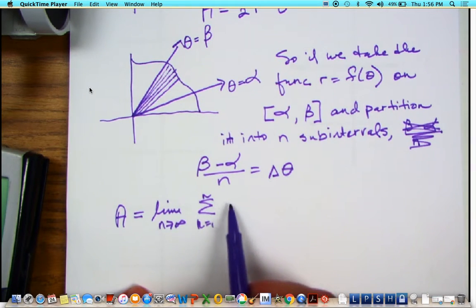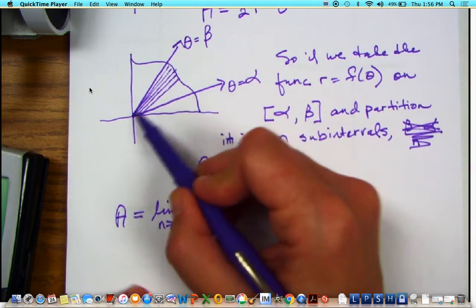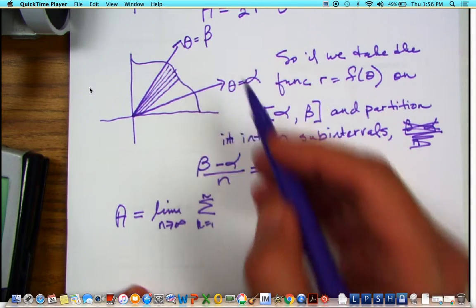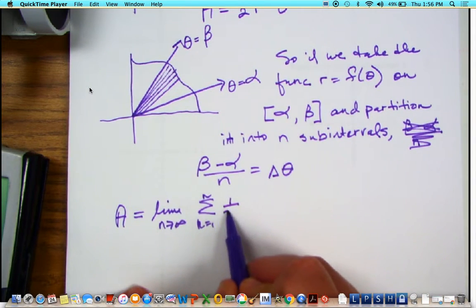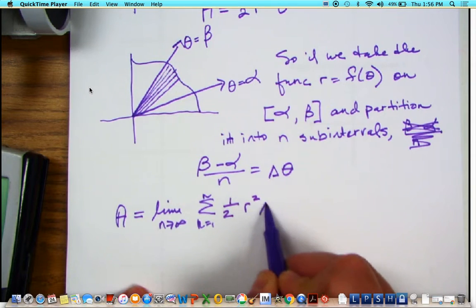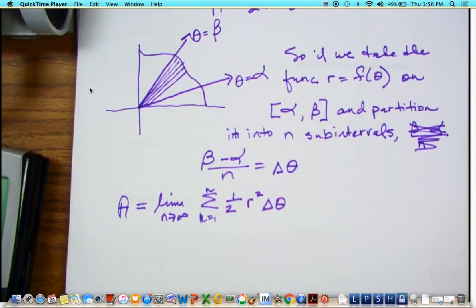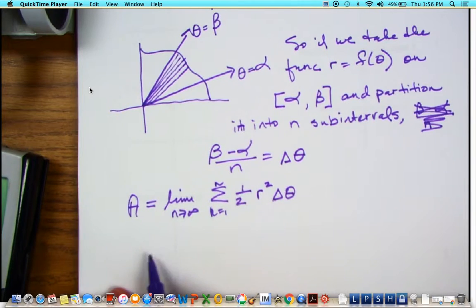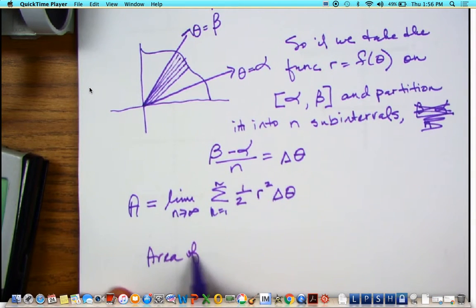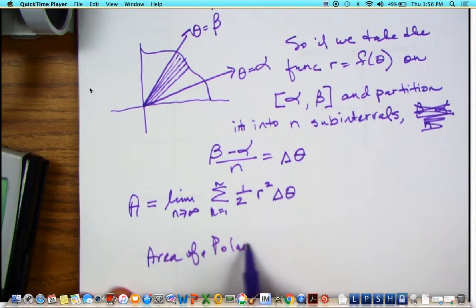But what's the area I'm calculating there each time? The 1/2 r squared times that change in theta, right? And then we know that that's going to evolve into an integral. Okay, and so here is the area of a polar region.